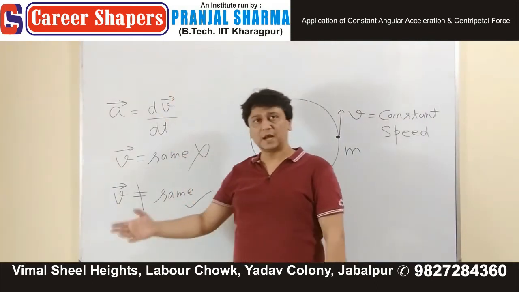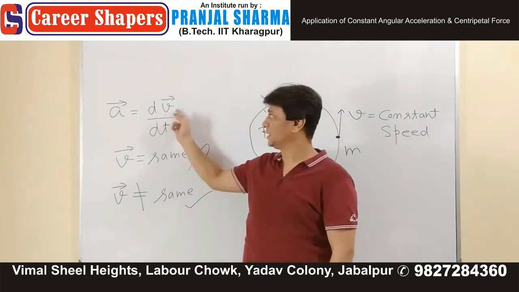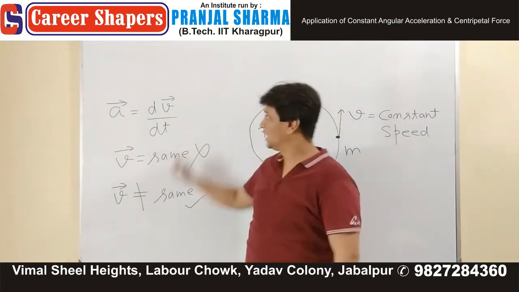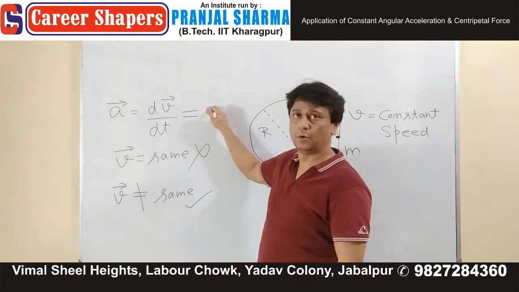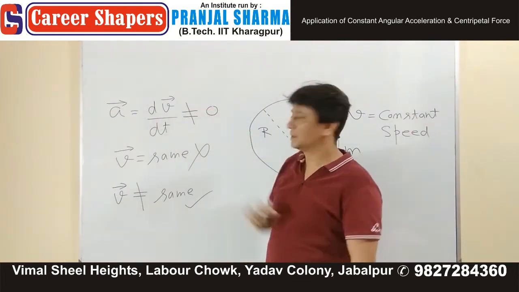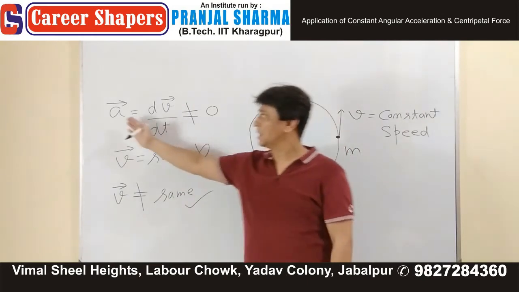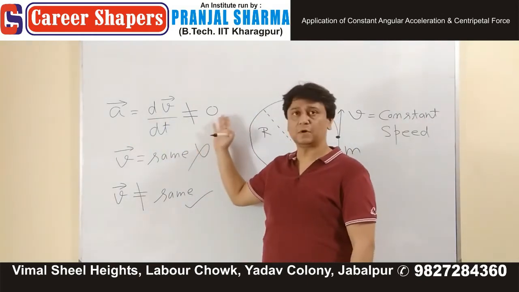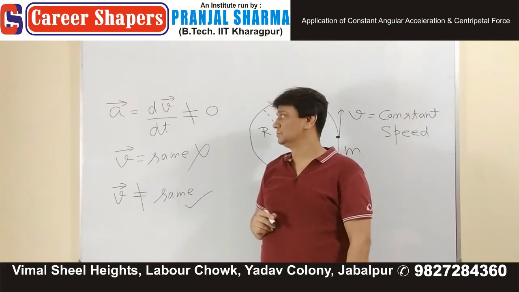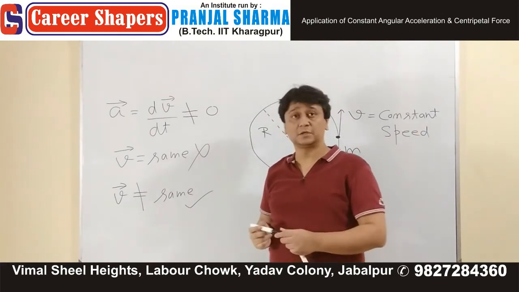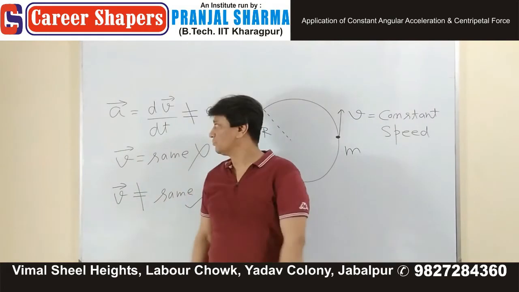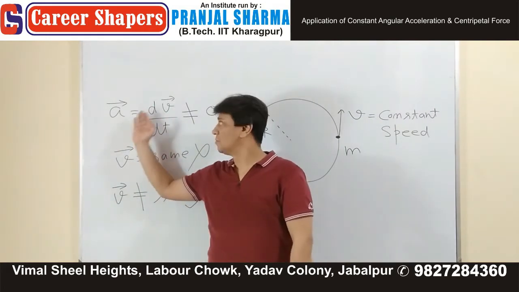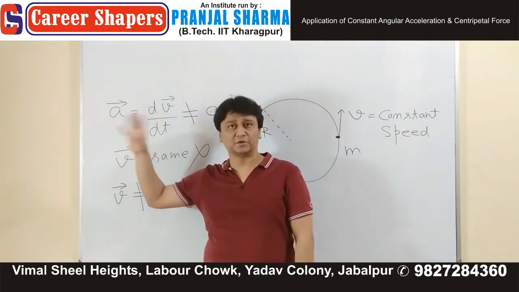So if V is changing, then A equal to 0 is not possible. A can never be 0. So in circular motion, whatever you do, there is no way acceleration can be 0.